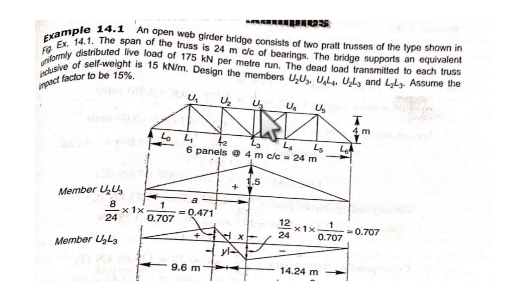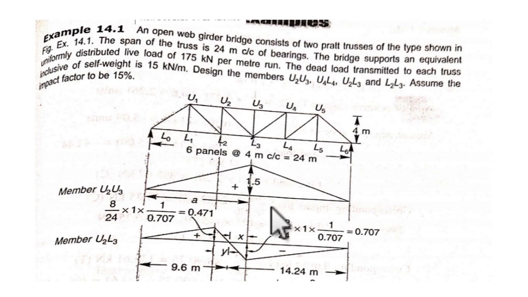Here a is for U2 U3, from the end to the center. So a and L minus a are both 12. So 12 into 12 by 24 into h. h is 4 meters. So this comes out to be 1.5.